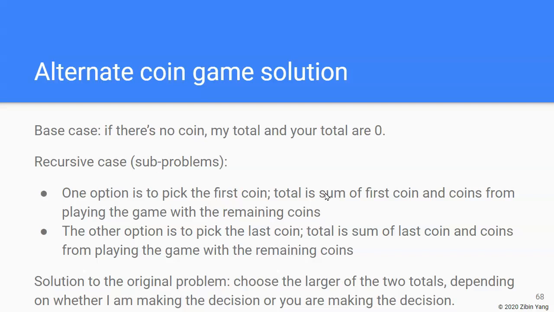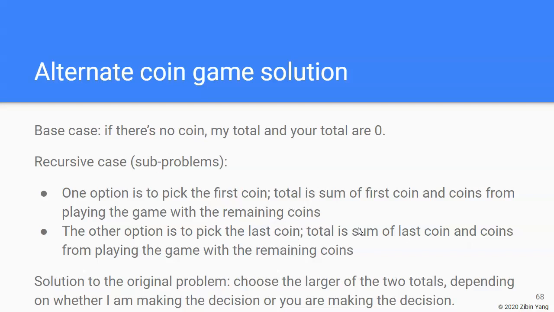And the total coins would then be that first coin that we pick, plus the coins that we can get from playing the game with the remaining coins. Well, the remaining coins are the row of coins minus the first coin. Same thing if we pick the last coin: the total would be the last coin that we just picked plus the coins that we get from playing the game with the remaining coins, which again would be the coins minus the last coin.